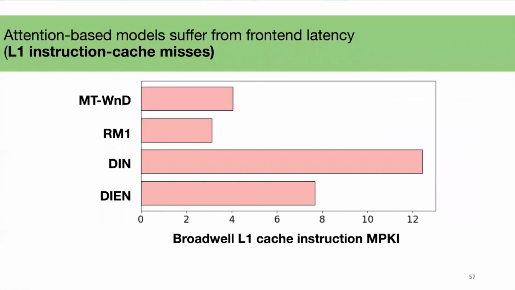Second, I want to talk about the front-end latency issues for attention-heavy models like DIN and DIEN. Recall that for recommendation systems, attention allows networks to individually weigh the importance of embedding vectors to offer better personalization. In DIN, attention is implemented using hundreds of local concatenation and fully connected layers.